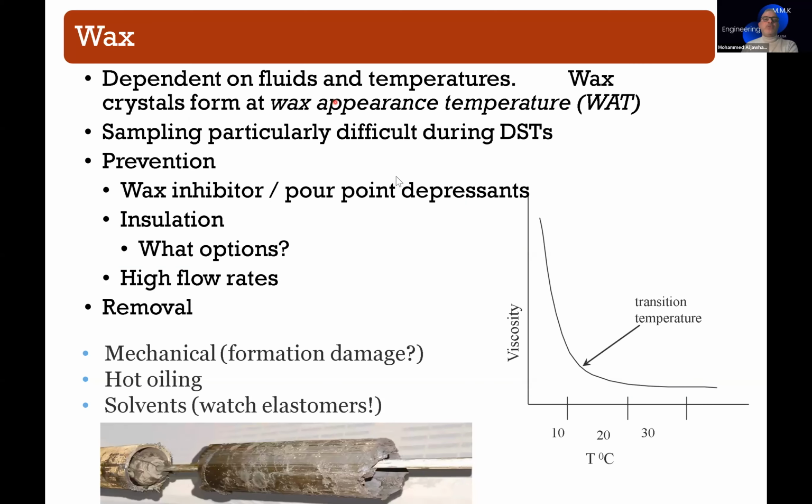So it depends on fluids and temperature. Crystals form at the wax appearance temperature. At the transition temperature, when we have lower temperature, we have an increase in viscosity, and we have to think about the wax inhibitor and what the pour point represents, and we have to put in insulation.